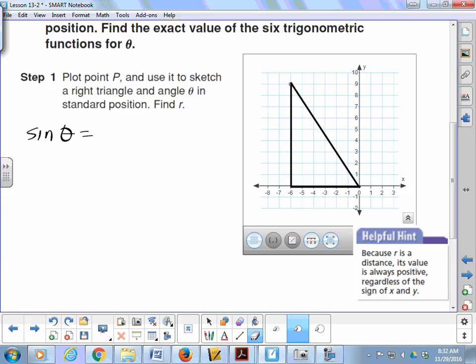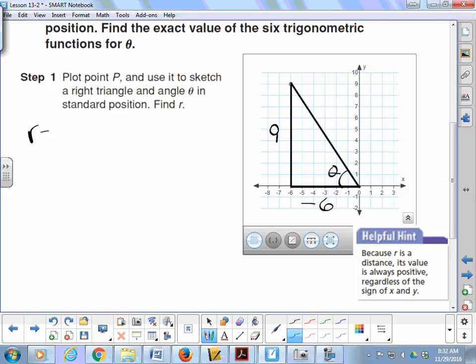Okay, so let me get rid of this for a second. All right, like I said, here's our theta. So this is 9. This is -6. All right, and then the first thing I have to do is find r. So r equals the square root of x squared plus y squared. And r is always positive because it's a distance, okay?